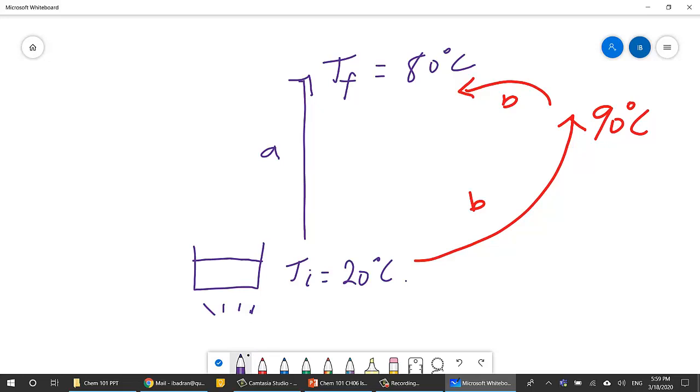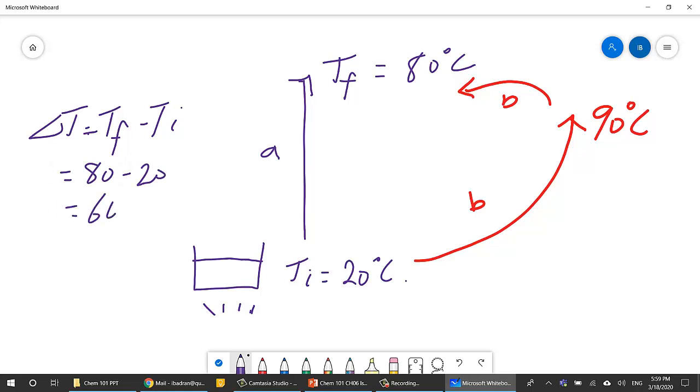Now, delta T in the first case is equal to T final minus T initial, which is equal to 80 minus 20, which is 60 degrees Celsius. That's delta T, called delta T_A. But delta T_B is the same thing, because what you care about here is your final temperature and initial temperature.